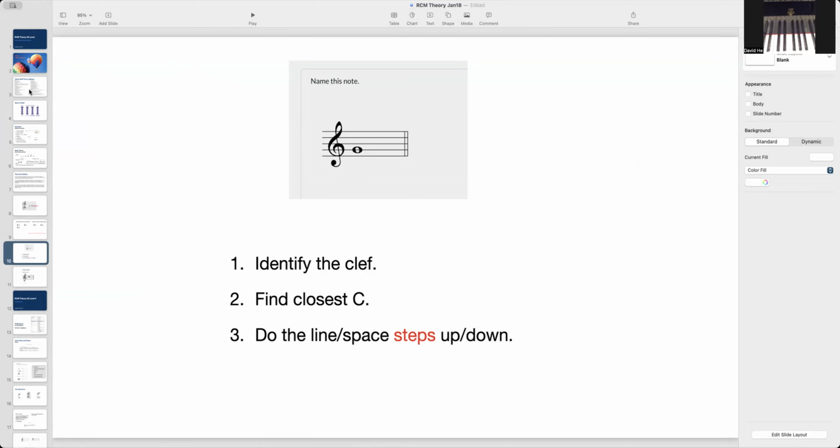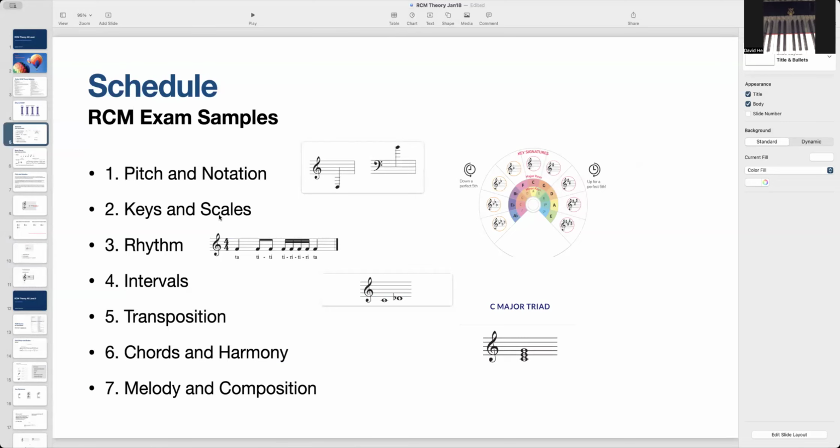Okay, second is the keys and scales. Second class was the keys and scales. So we have this key circle in here.